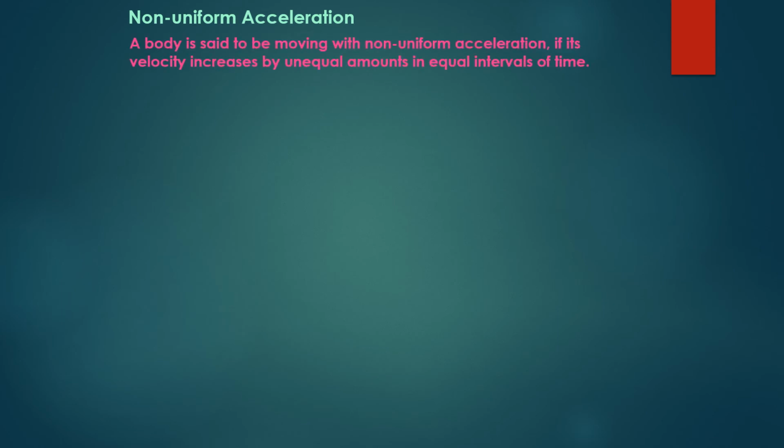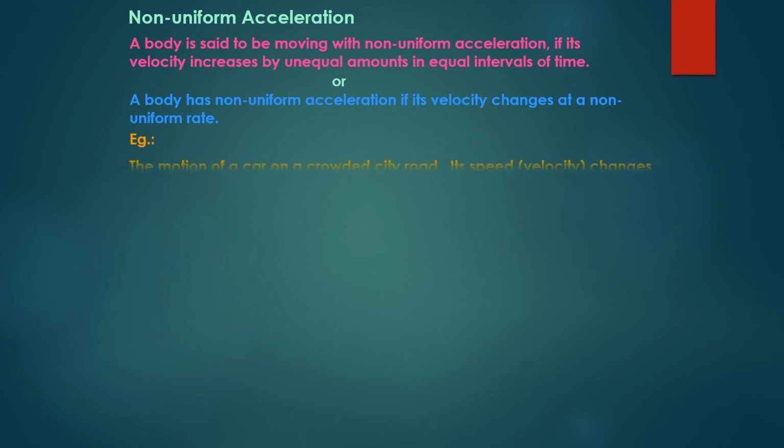Now let us see what is non-uniform acceleration. A body is said to be moving with non-uniform acceleration if its velocity increases by unequal amounts in equal intervals of time, or if its velocity changes at a non-uniform rate.